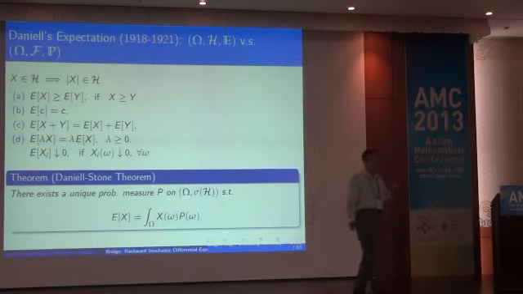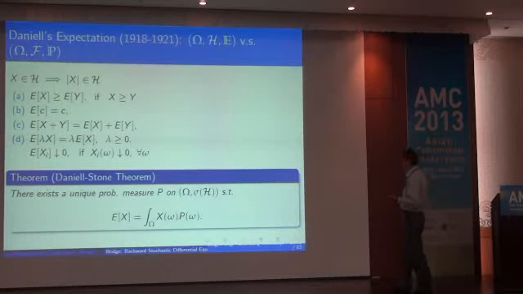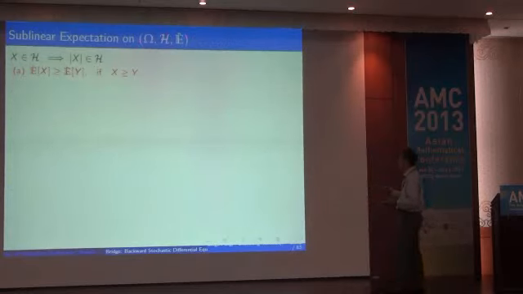This theorem, of course, is still based on the premise that you can know a probability measure. If you want to work in a situation where you cannot find the probability measure, then you can work in the case where this E is sublinear or nonlinear.